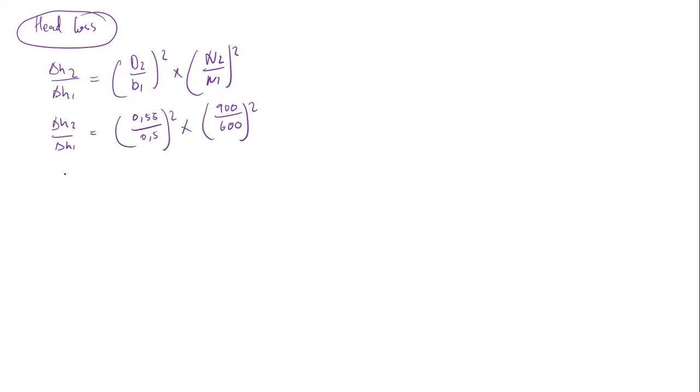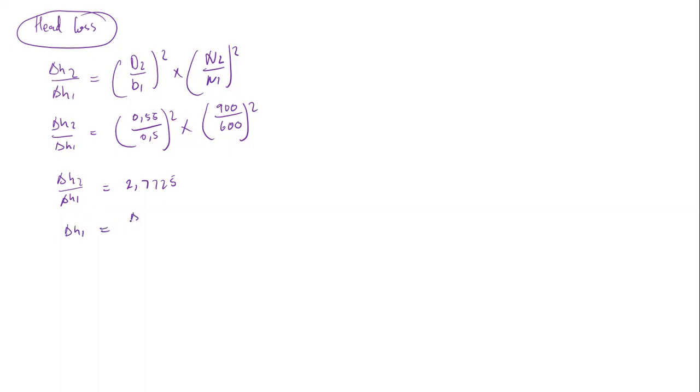And then when you punch this on our calculator, we're going to get that the ratio for H2 over H1 is, already calculated, 2.7725, right?